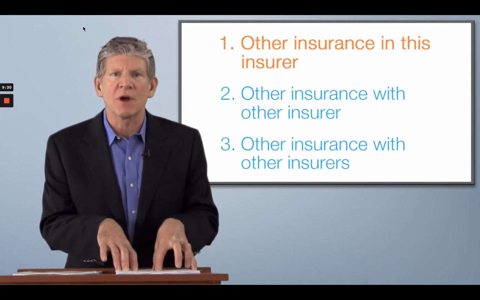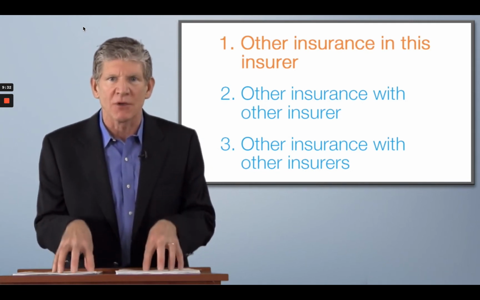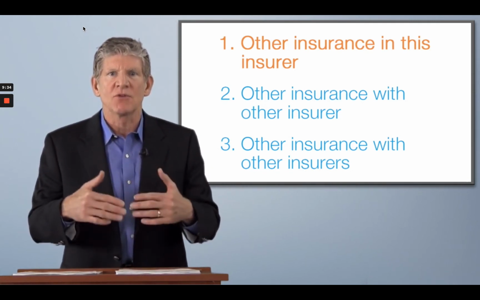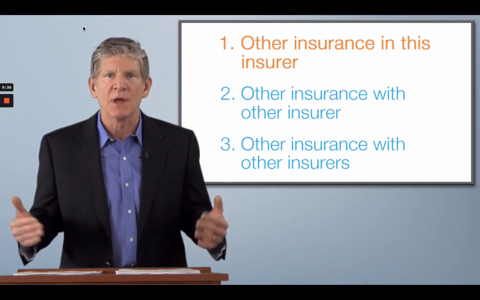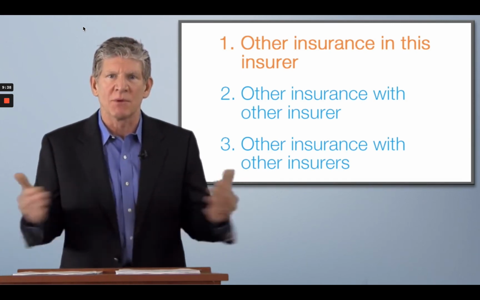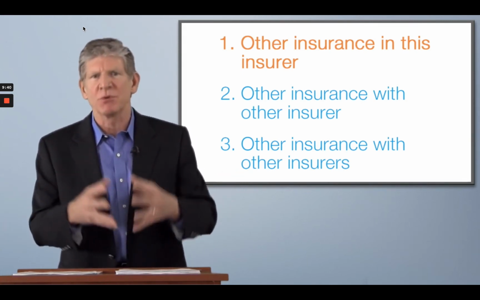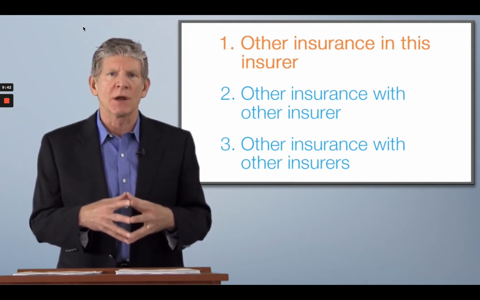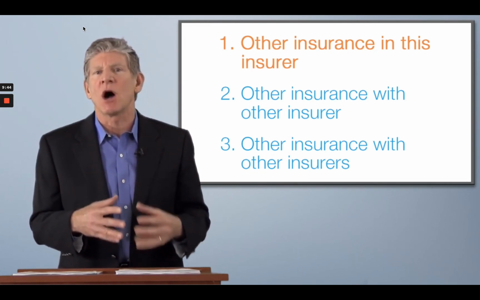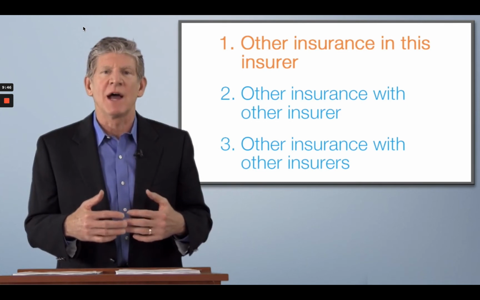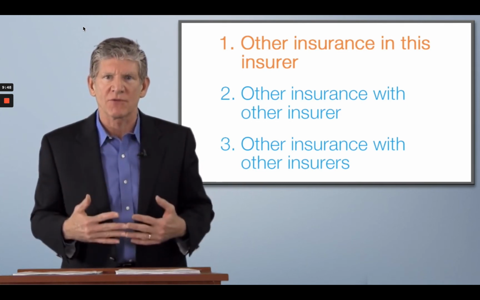We will reduce coverage on one or the other of the policies with our company so that the total amount paid out does not exceed a maximum benefit amount. That's pretty easy to understand. The insurance company does not want to provide overinsurance for a loss.